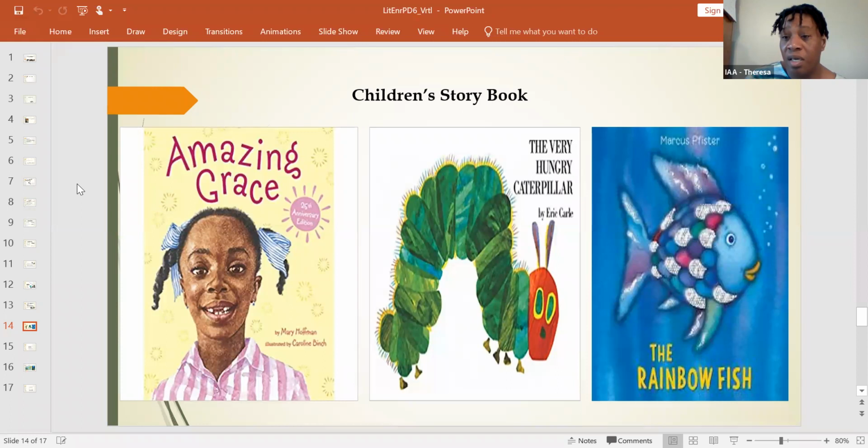What was the plot? What was the conflict? Okay. And then you can be really specific. You can even get more specific, asking questions that are actually directive of the book, of the story that they read. Okay. So this is step 3. This is after reading questions.